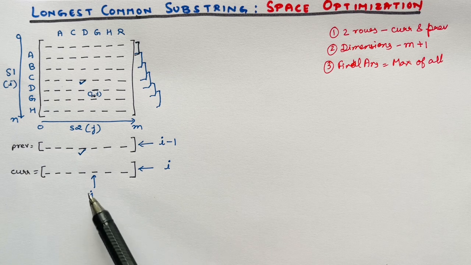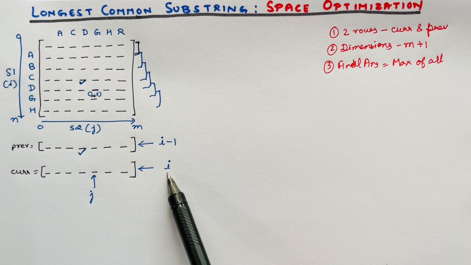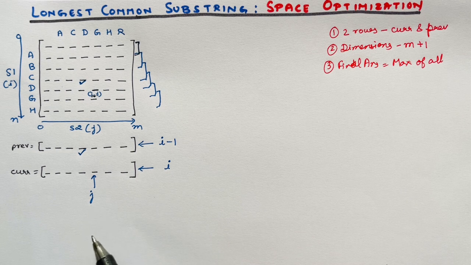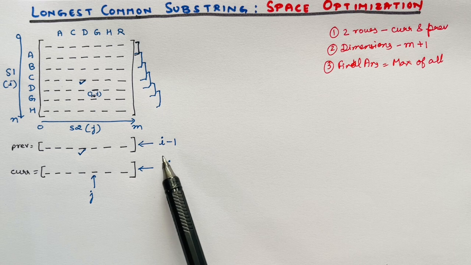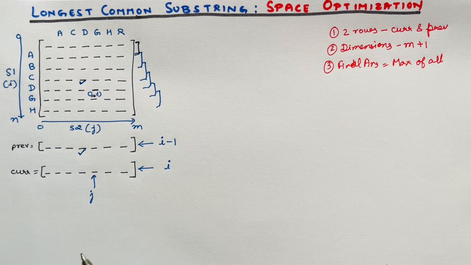Now let us try to understand how will we fill the value at any position current j. To fill the value for position j, that means to find the answer for the two strings where we are considering the first I characters of S1 and first j characters of S2, we need the length of the longest common suffix for first I minus 1 characters of S1 and first j minus 1 characters of S2.